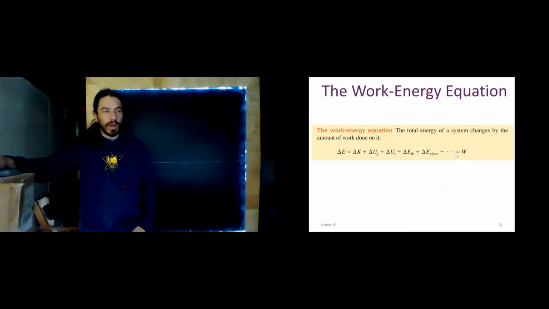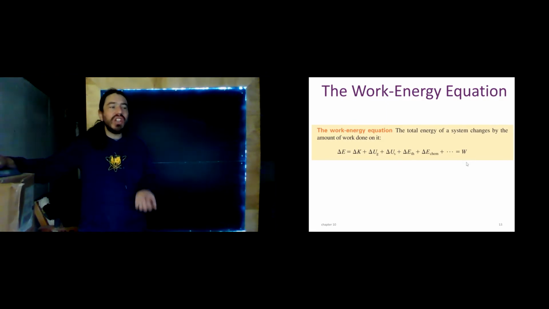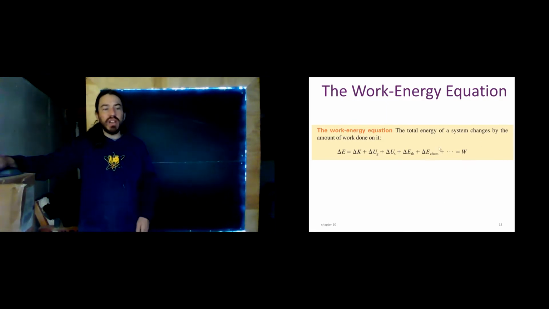Okay, so that's work. The work energy equation, this makes it sound like it's some big old deal. It's kind of not. All this says is the mathematical version of what I just said. If we're going to change the energy of a system, we've got to do some work on it. And again, in this case, we are neglecting heat, right?